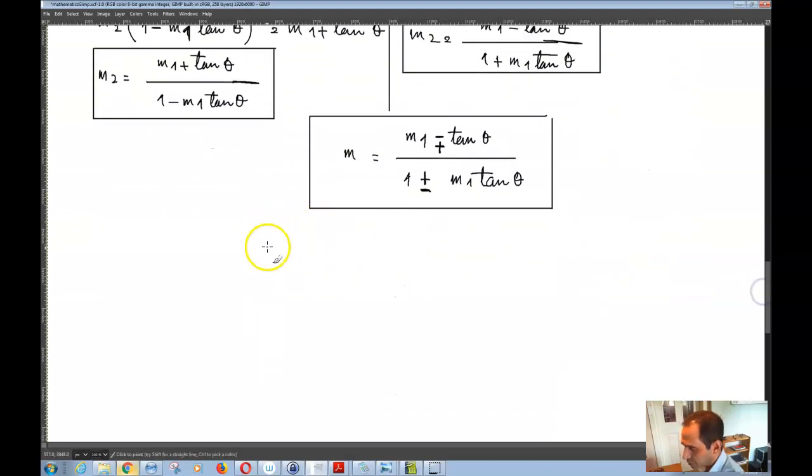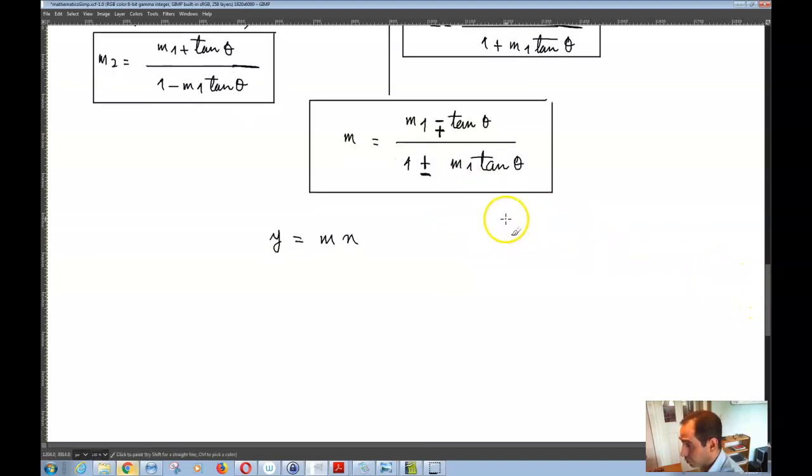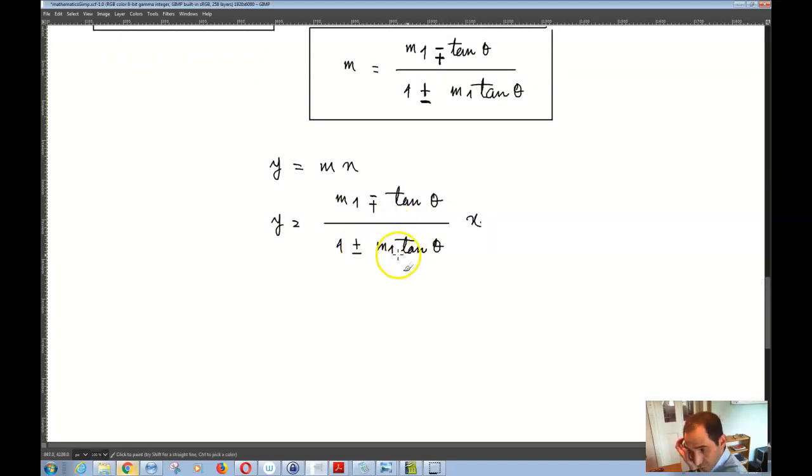Then we said that the equation of the line was y is equal to mx, because it does go through the origin. So I can write y is equal to this whole thing, (m1 minus plus tan theta) over (1 plus minus m1 tan theta), times x, and then you can divide by x.